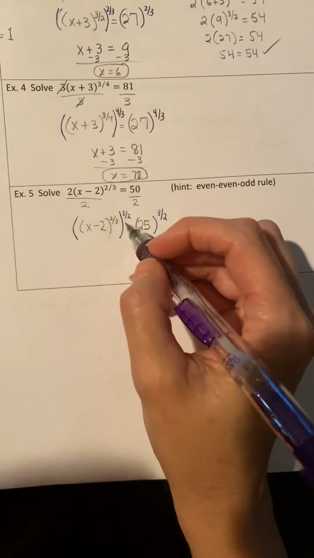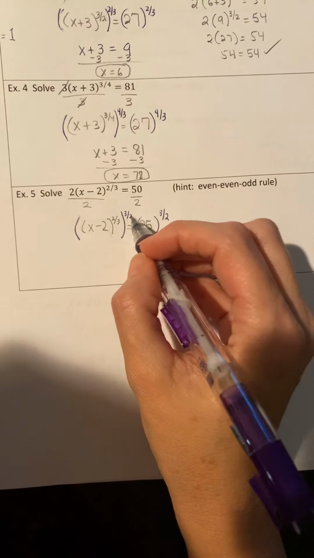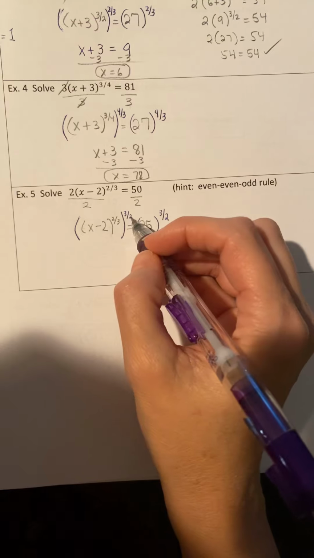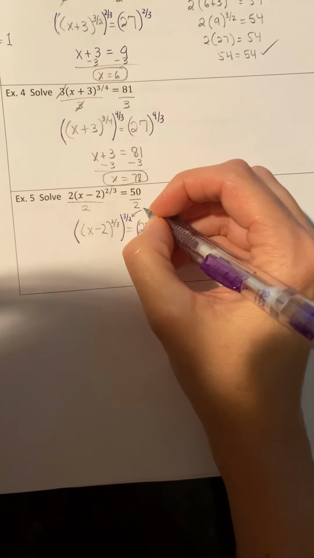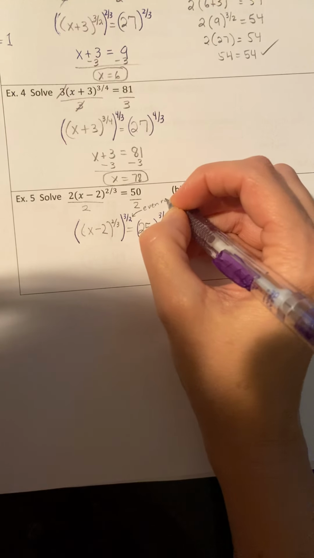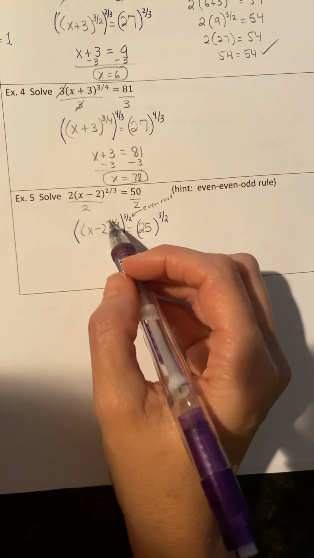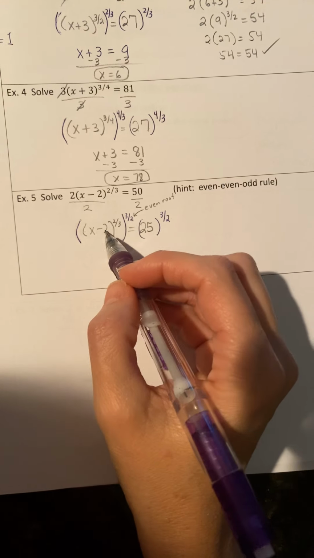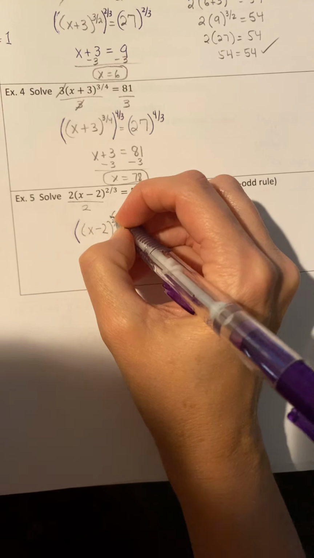Okay, so here's the problem. The root that I put on is a square root. Remember, the bottom number is the root. So that's even. That root right there is even. And I'm taking this root of this power. Well, this power is even.